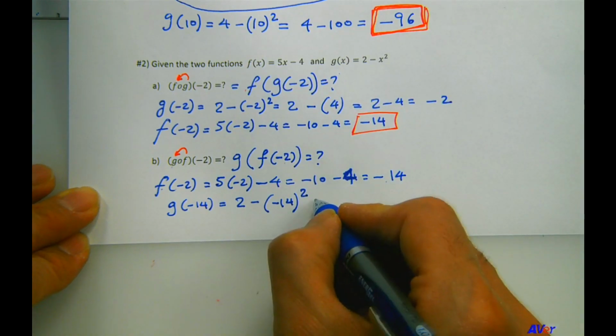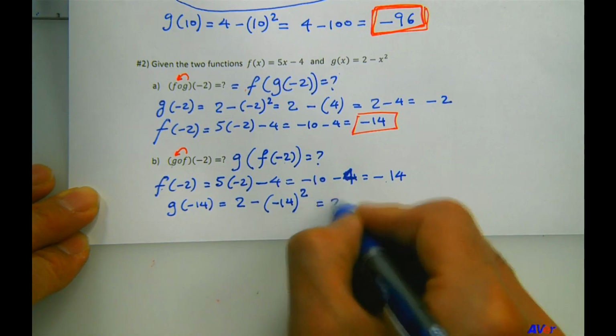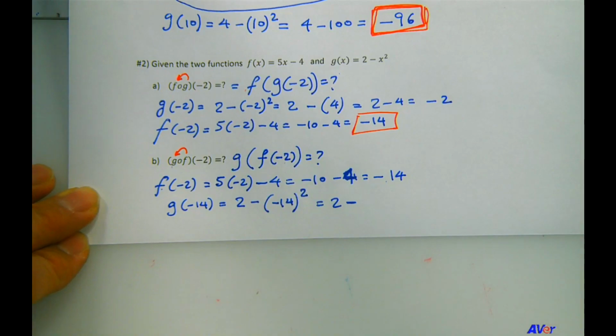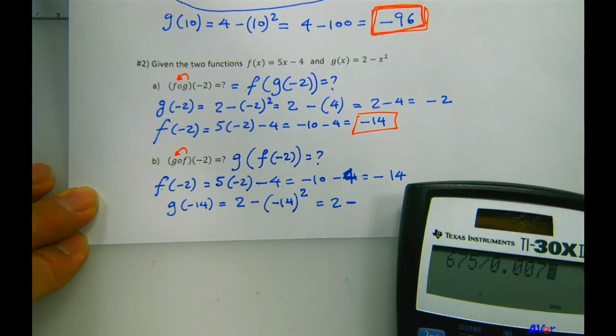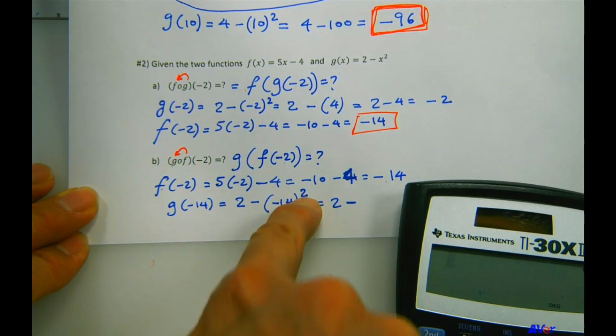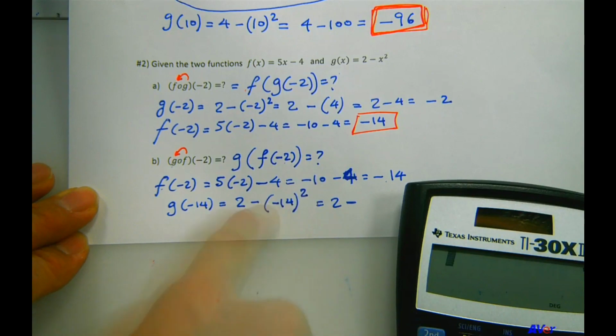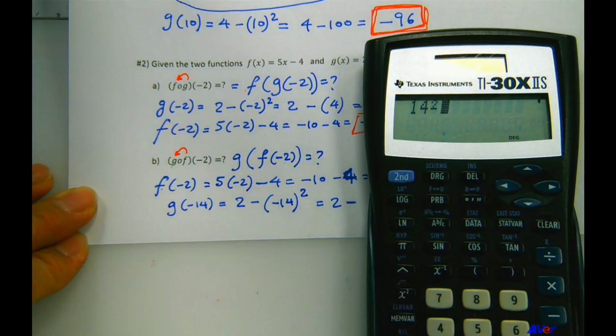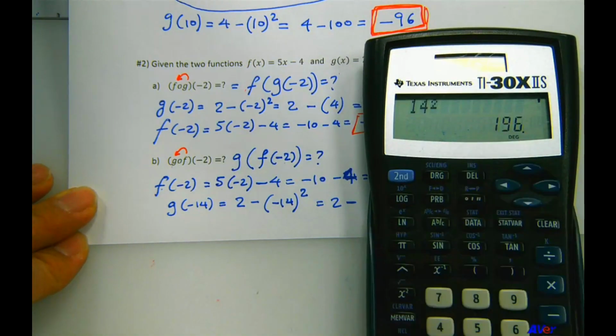So 2 minus -14 squared, it's going to be some positive number, right? Because this power is even, and it will make this negative positive. So let's see. 14 squared, 196, right?